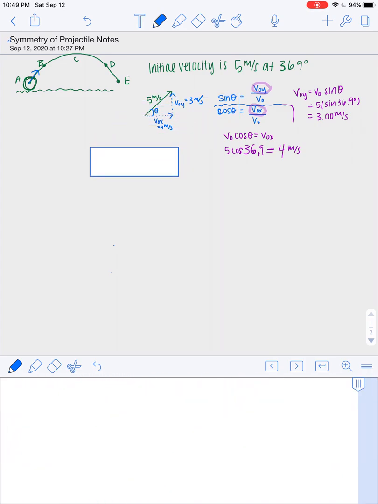Okay, now we don't just want to solve for that initial point. We want to solve for B, C, D, and E. So we are going to make another chart, and our first column is going to be location.